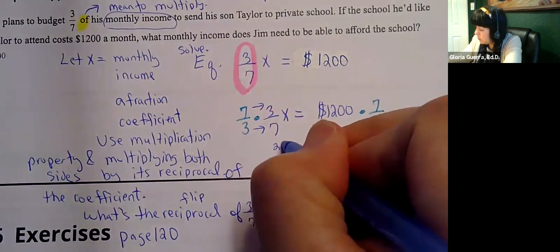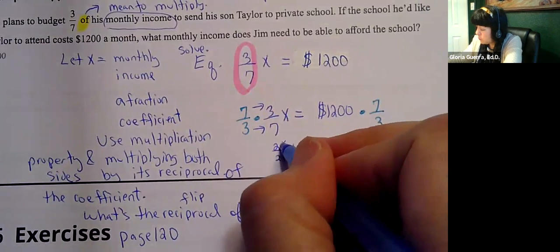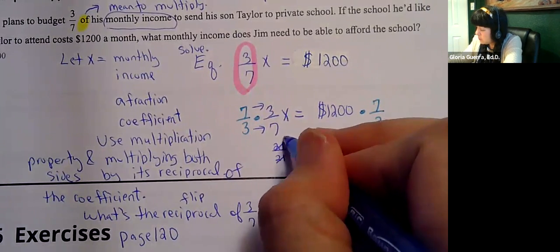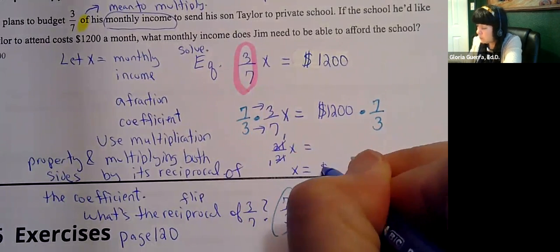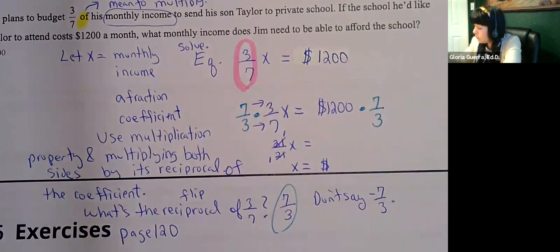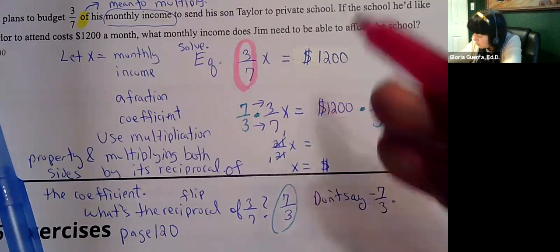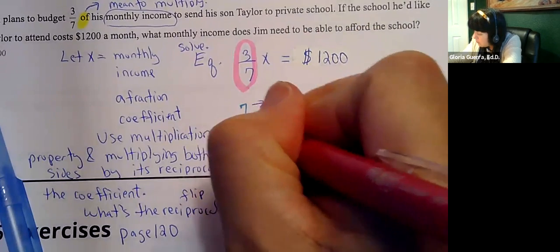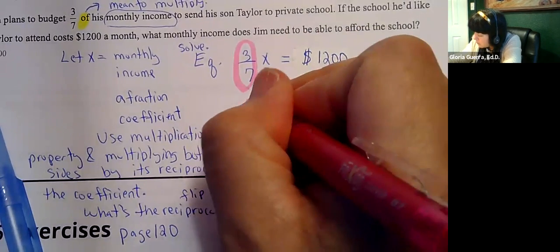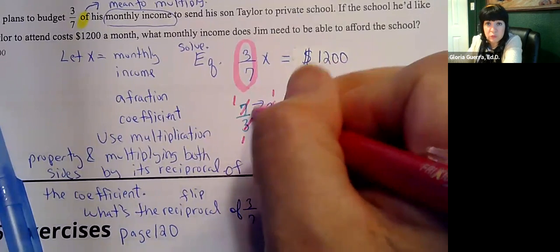This is 21 over 21x. But 21 over 21 is just, this divides into each other, and this is just x equals. Or what happens too, people say, is that they see this here and they just say, 3 goes into 3 one time, 7 goes into 7 one time, and all that just has a whole bunch of ones.